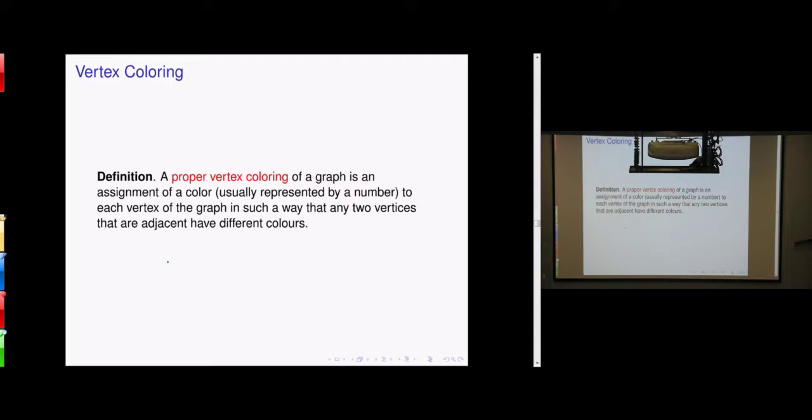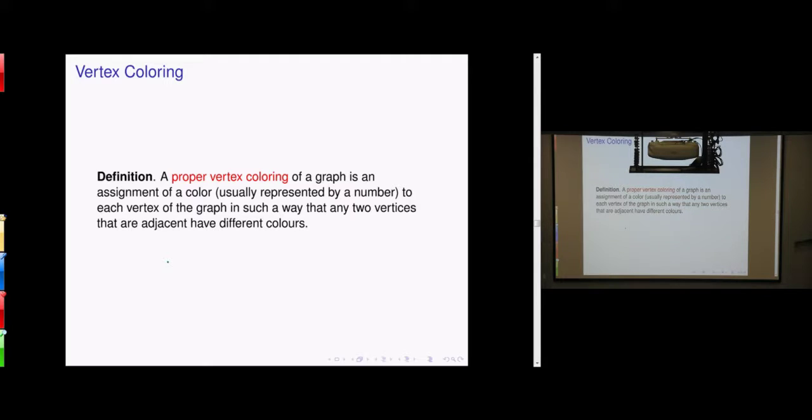I like to give this guy red, this guy blue. Our coloring will be numbers. I'll give this guy color 1, the other guy color 2, and the other vertex color 3, or color 1, color 2 again. So you just assign a color to each vertex. Now what is proper? There's a rule.